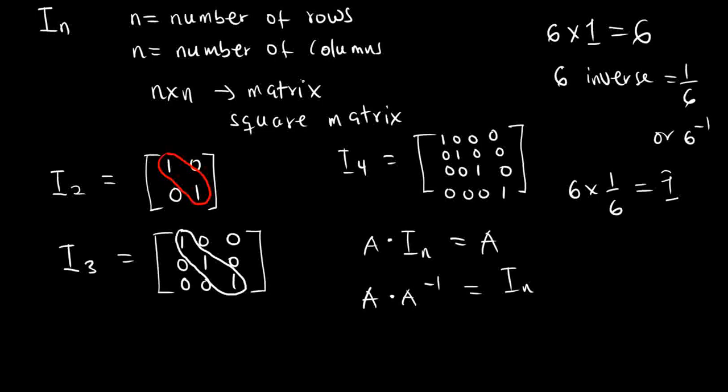So the 1 and the identity are similar, but the identity matrix is used in the case of matrices, and the 1 is used in the case of real numbers. Those are the similarities between the identity matrix and the number 1. Let's take note of this.